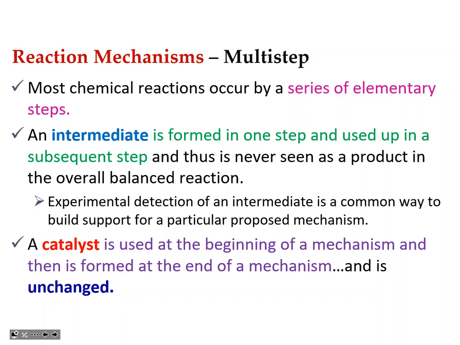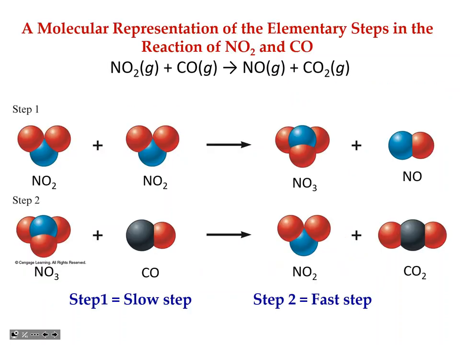Now we're going to look at an example of a mechanism. How are we going to propose our rate law from our mechanism? Let's look at this one here. Nitrogen dioxide plus carbon monoxide gives you nitrogen monoxide and carbon dioxide. It's a 2-step mechanism, and they gave us the particle diagram for it.